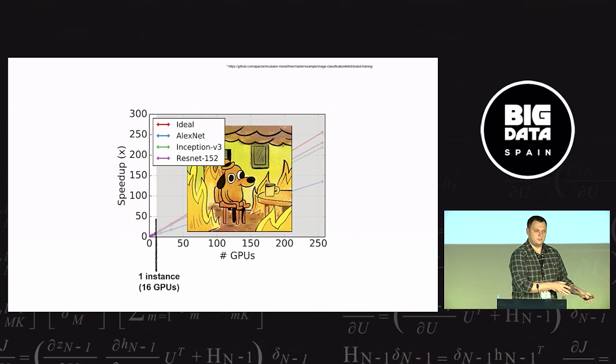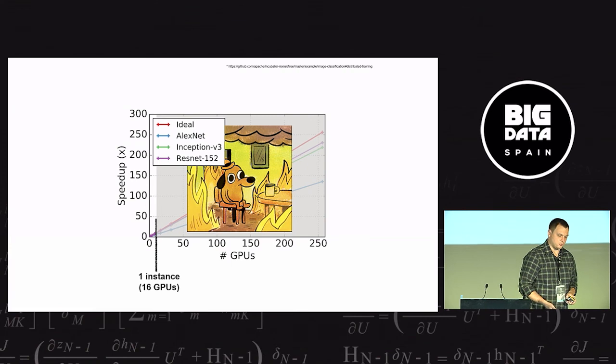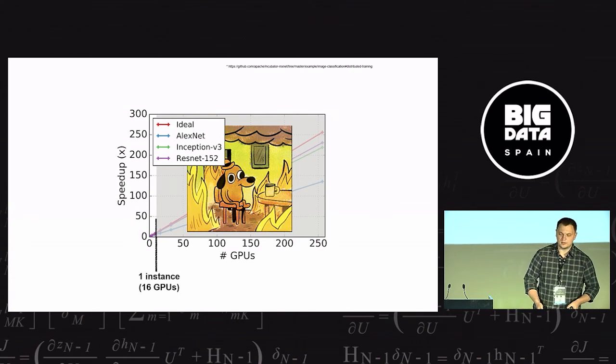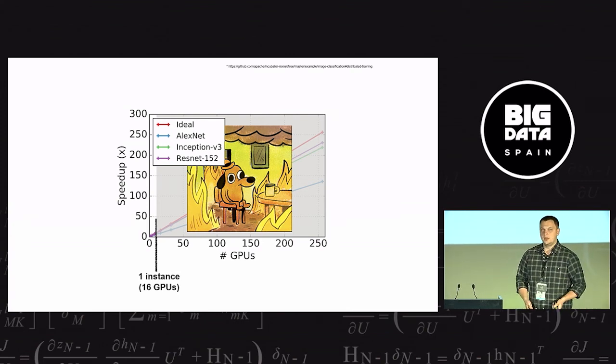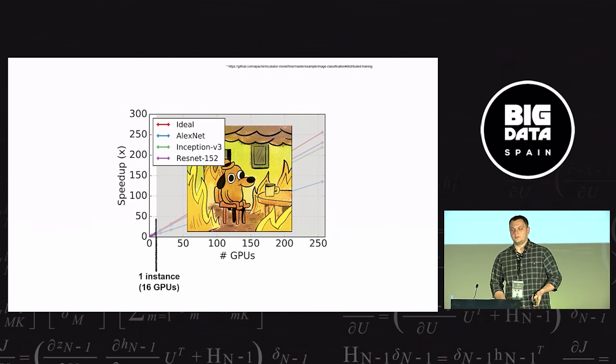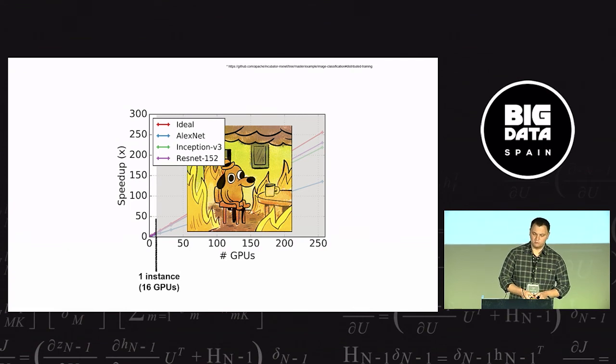Don't try to do distributed if you still have the potential of vertical scaling. If you don't have enough power in a P2 16xlarge, try a P3 8xlarge with Volta machines in it. Who knows, maybe 8 Volta GPUs could be enough for your speed. And only when you're absolutely sure that you have reached a bottleneck and you do need to do it distributed, only then actually move forward.